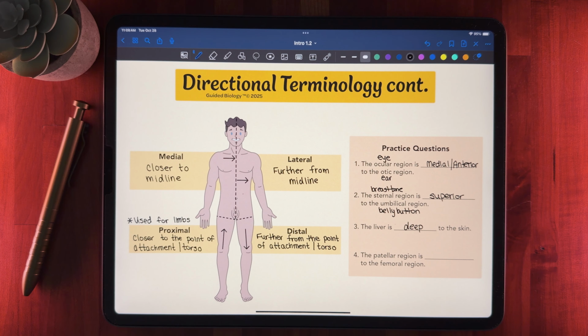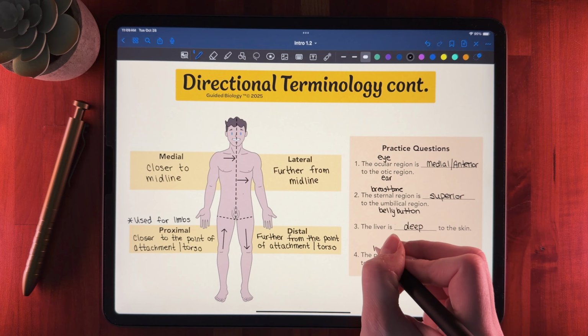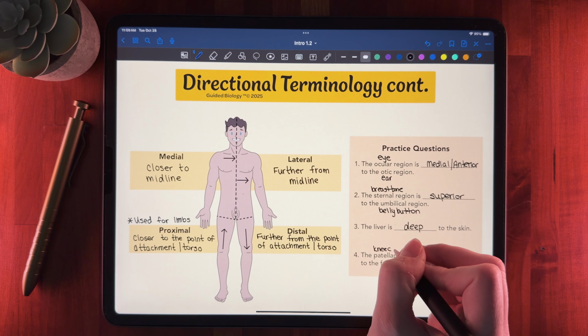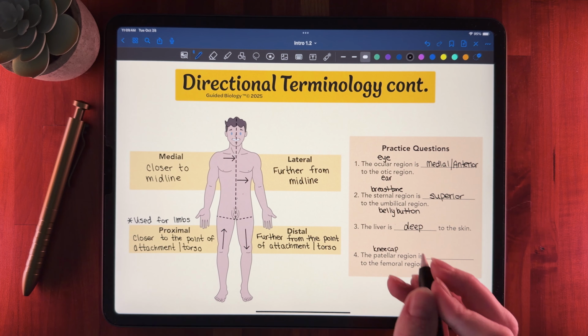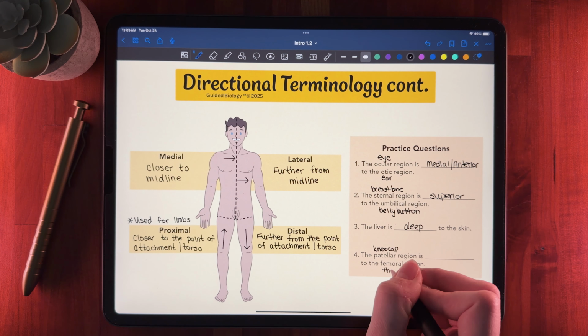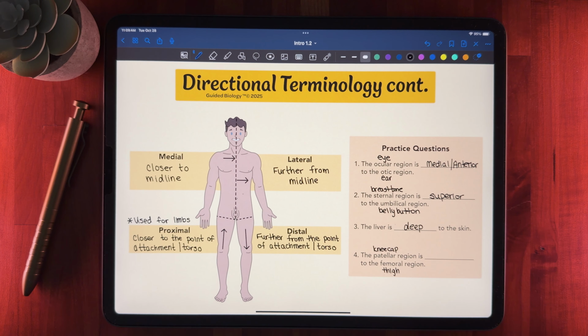Okay. All right, and then our last practice question here: the patellar region is blank to the femoral region. So first we will define our terms. The patellar region refers to the kneecap, the front part of your knee. And the femoral region refers to your thigh, the upper part of your leg.